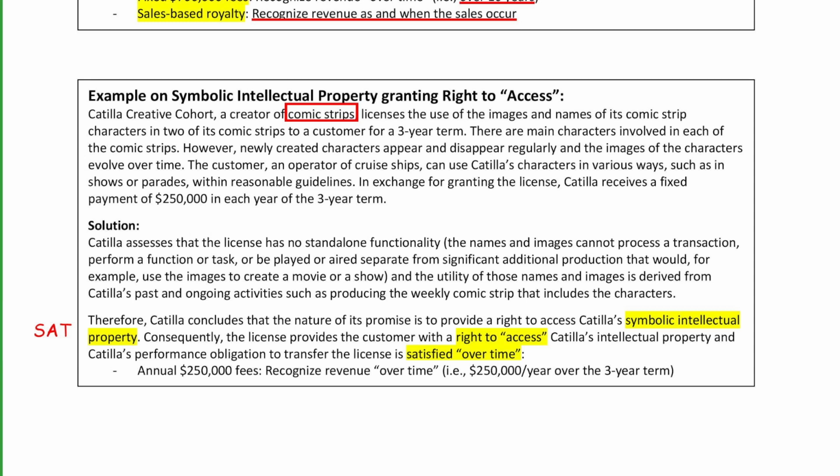And that is where the annual $250,000 fees is recognized over time. That means $250,000 per year over the 3-year term. So guys, as we wrap up on license arrangements, remember, Saturdays are fun.